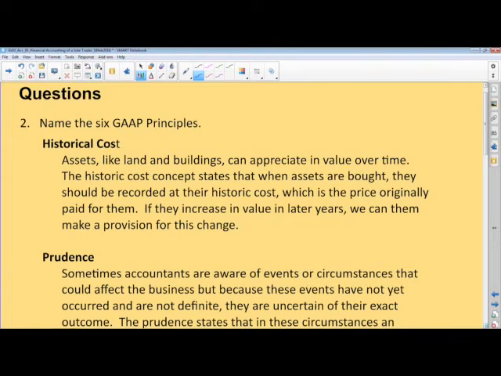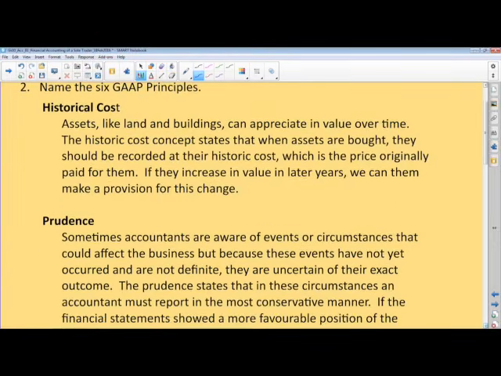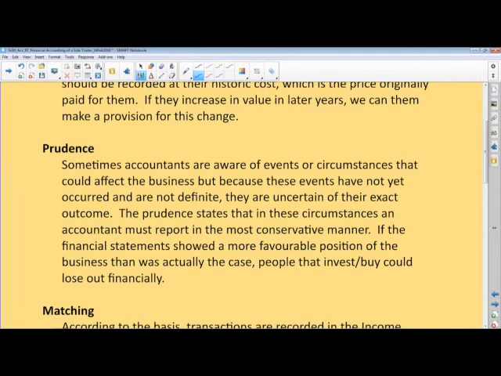Let's go and read it. The prudence principle. Sometimes accountants are aware of events or circumstances that could affect the business, but because these events have not yet occurred and are not definite, they are uncertain of the exact outcome. The prudence principle states that in these circumstances, an accountant must report in the most, and that's the very important word there, conservative manner.